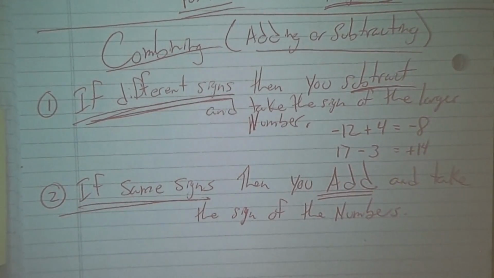Hopefully you can read that. I know it's not the best handwriting. All right, those are my 2 steps. There is another one, but those are the 2 main ones.